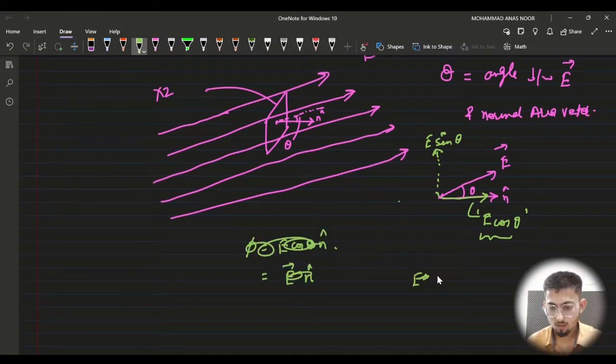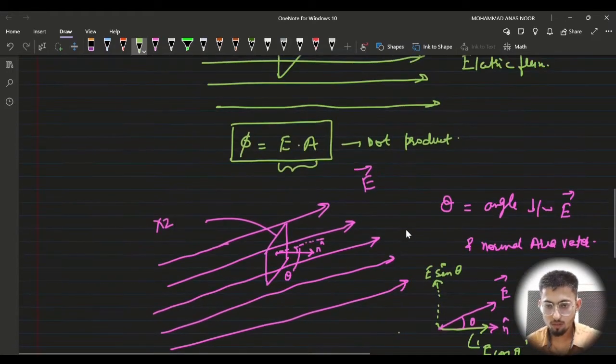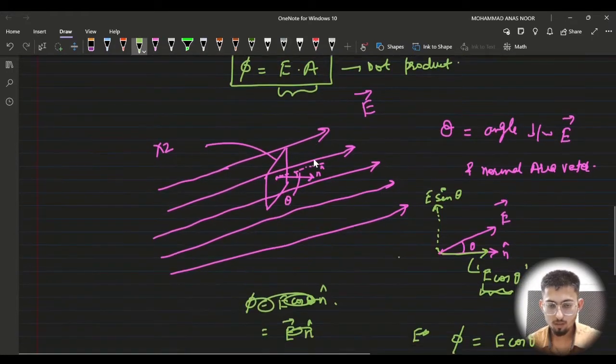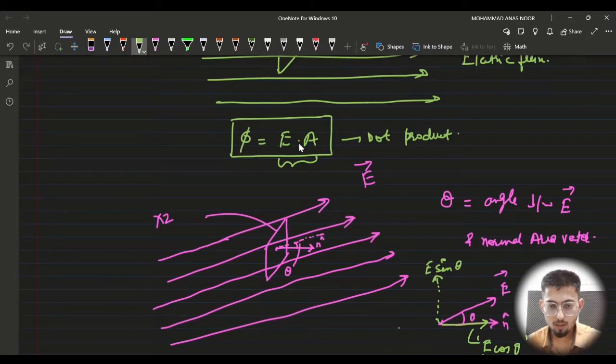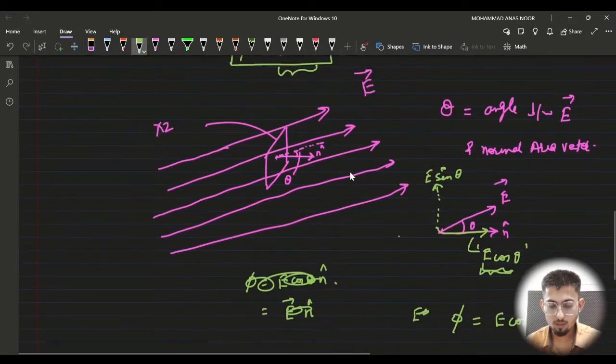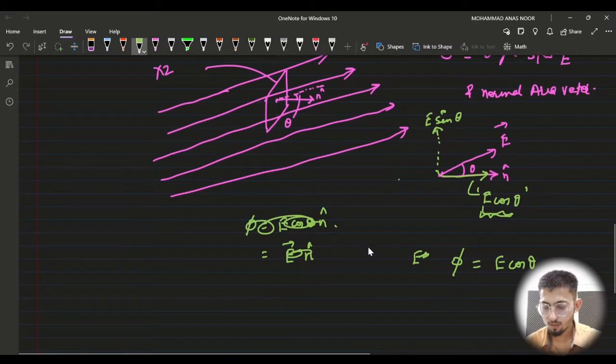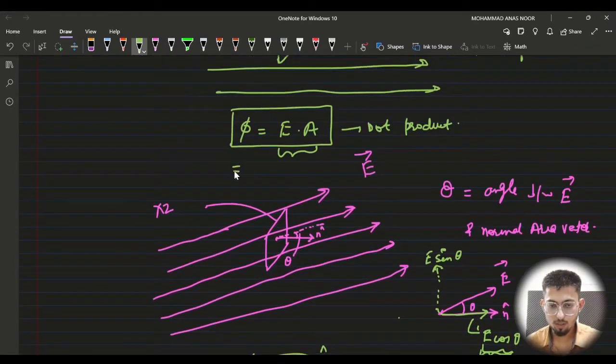So phi would be this electric field component times A. Now the formula is E dot A, the dot product, and it is EA cos theta.